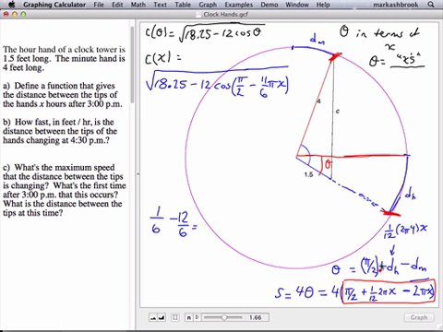So it goes 1/12 of 2 pi per hour. So we got the number of radians per hour times the number of hours. This angle, that's theta h, and this is theta m. This goes 2 pi radians per hour times the number of hours. That's how that angle changes. Does that help a little bit?